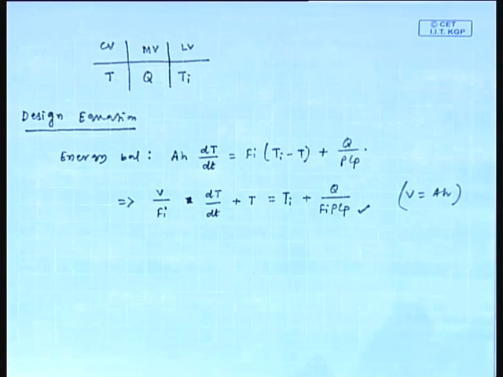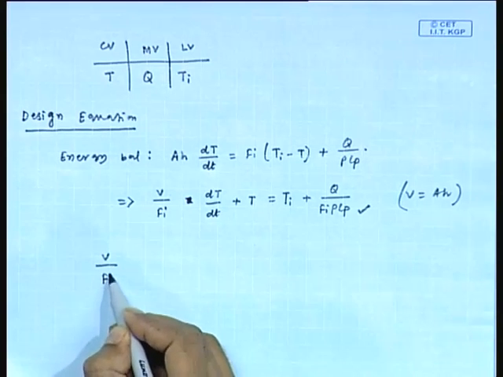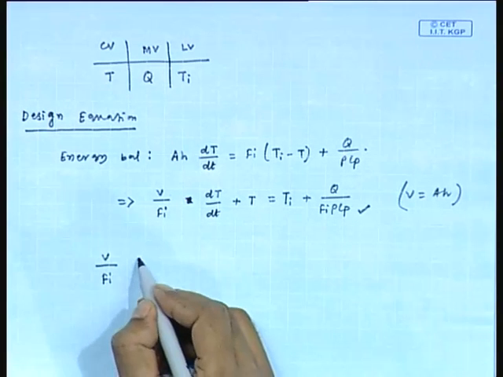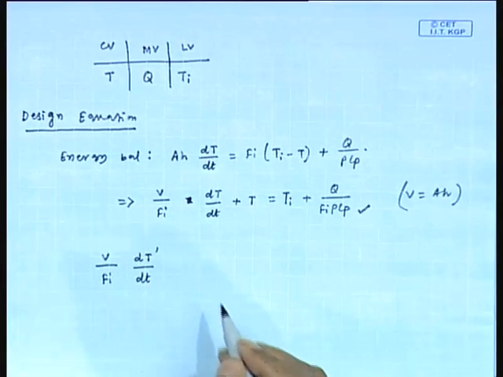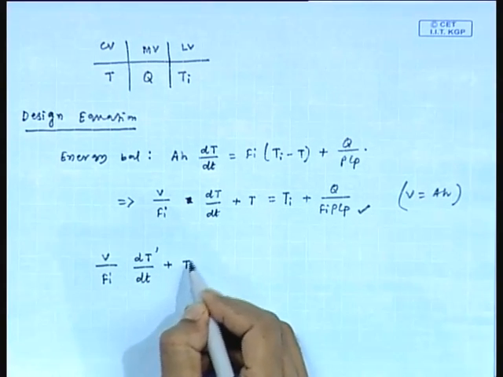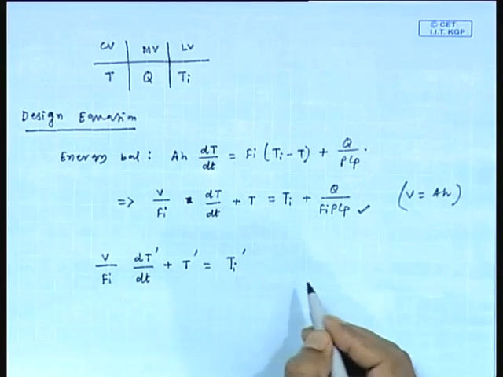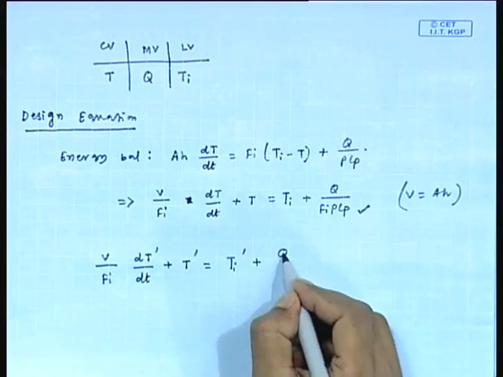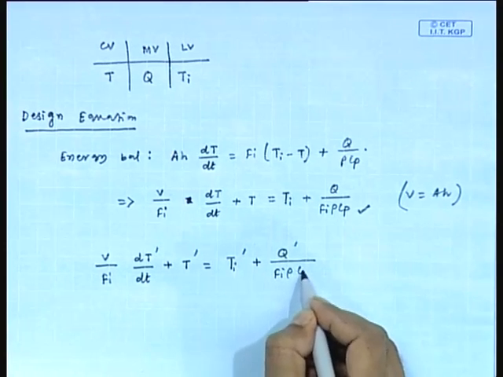In the next step, we can write this equation in terms of deviation variables as V divided by Fi dT prime dt plus T prime equal to Ti prime plus Q prime divided by Fi rho Cp.